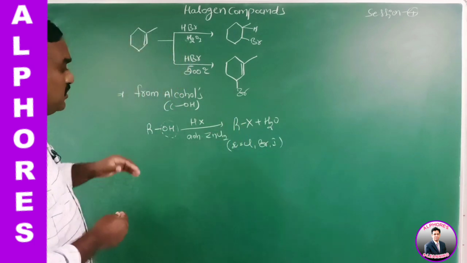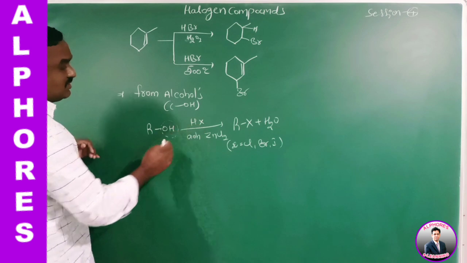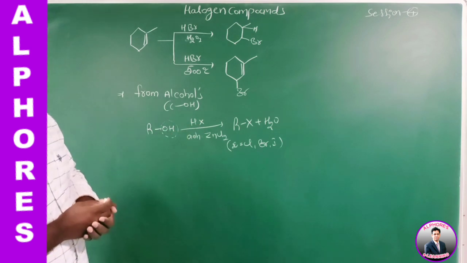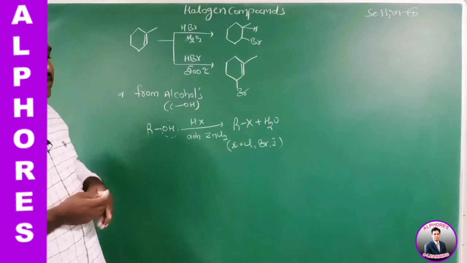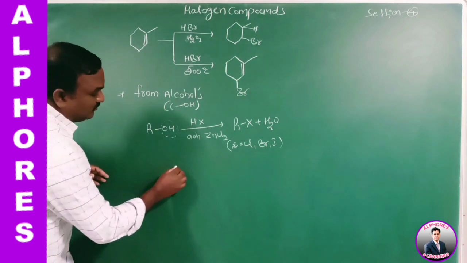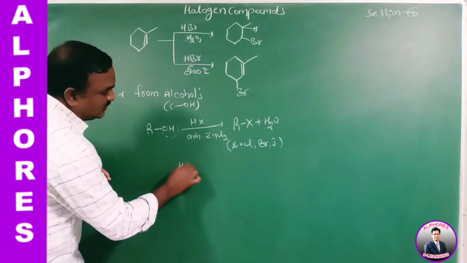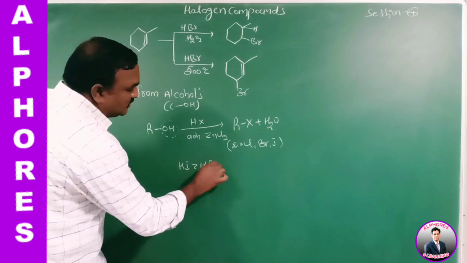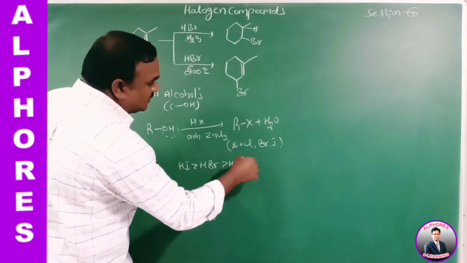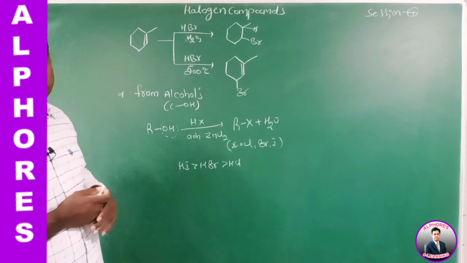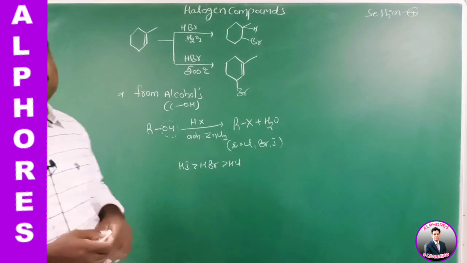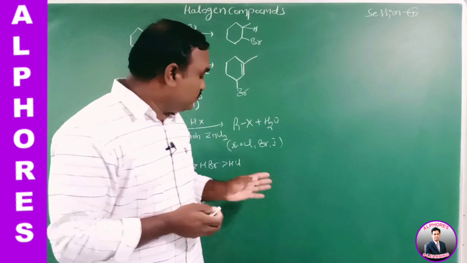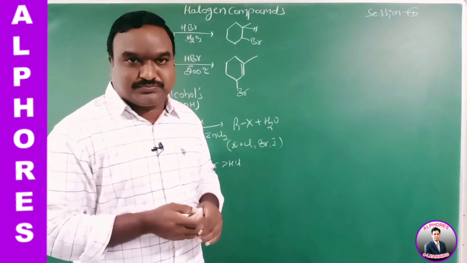Here HX is given, so how to write the reactivity order of the HX? The reactivity order is HI is greater than HBr, which is greater than HCl, which is greater than HF. I minus is a good nucleophile when compared to the remaining compounds.